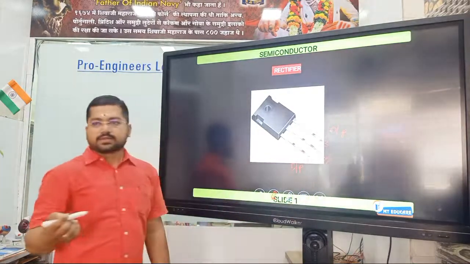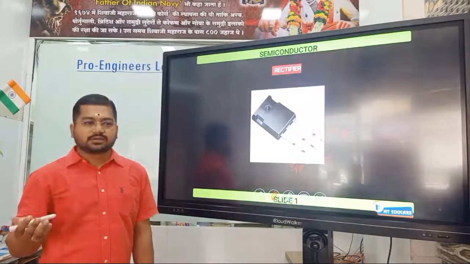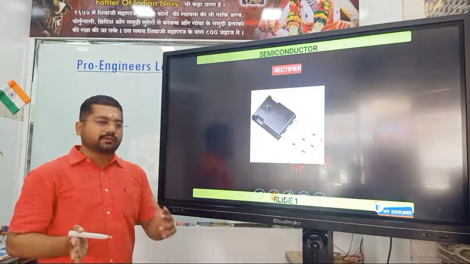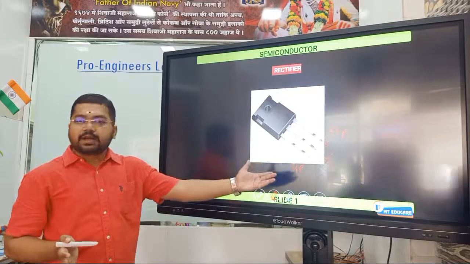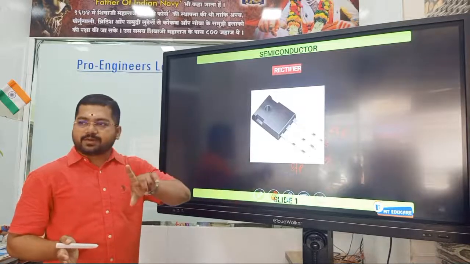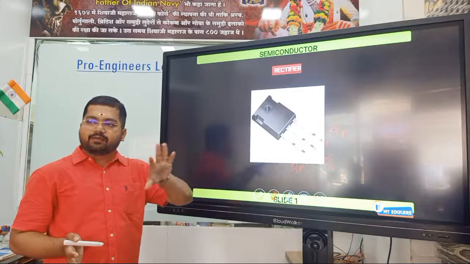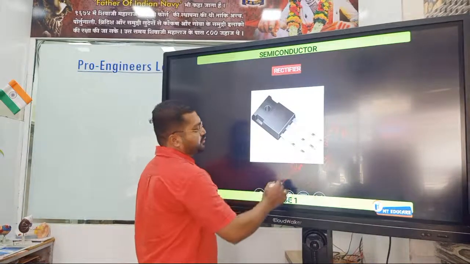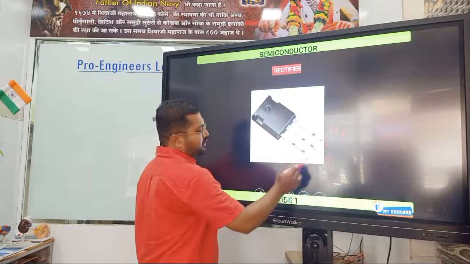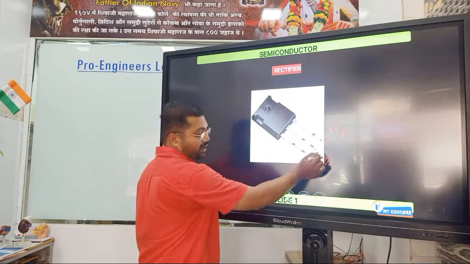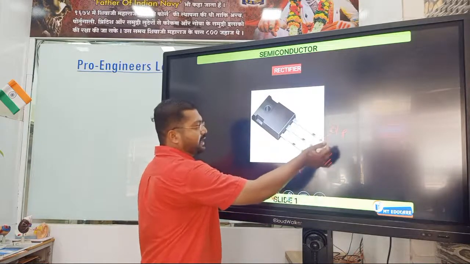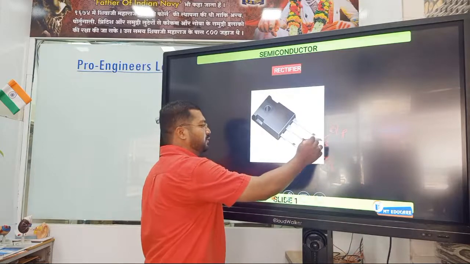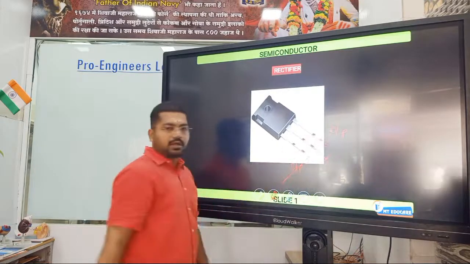Again, this varies with the manufacturers, but one terminal must be for input, one for output, and one for ground. While taking input, we give input to the input terminal and ground, and while taking output we take output from one terminal with respect to ground.